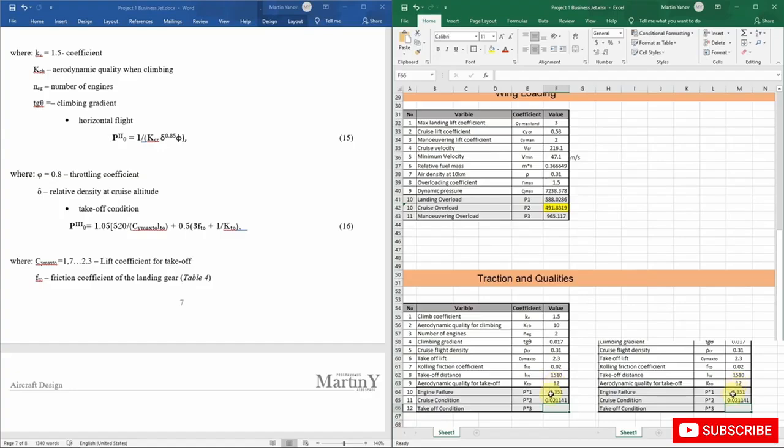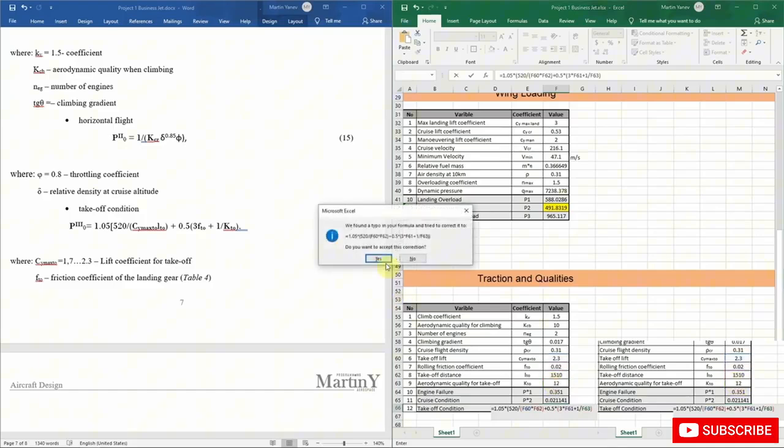So that's it, guys. We can now estimate finally the last traction and qualities coefficient, and this will be equal to 1.05 multiplied by 520 divided by bracket CY max takeoff multiplied by the takeoff distance in meters plus 0.5 multiplied by 3 multiplied by the friction coefficient plus 1 divided by the quality when taking off.